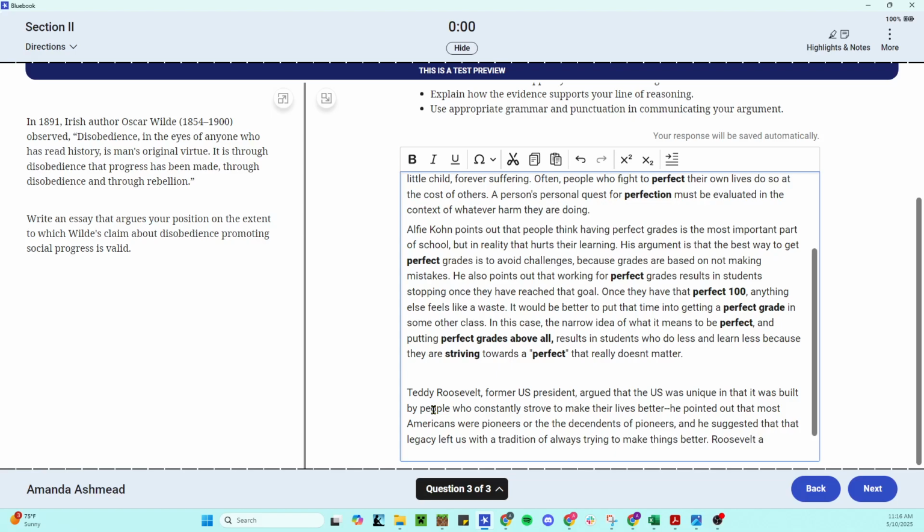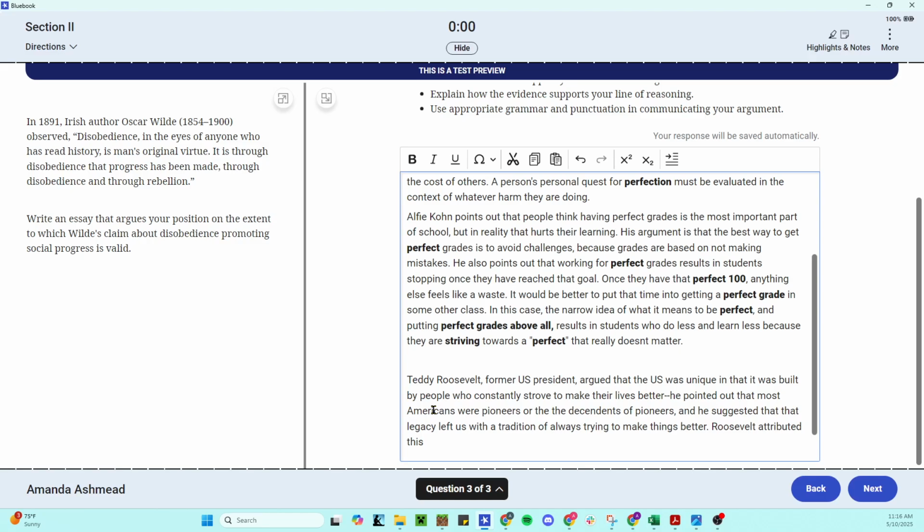Roosevelt credited our country's success to this identity shaped by generations of pioneers. Okay, so what we have there is fine.